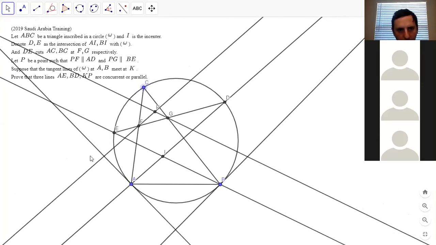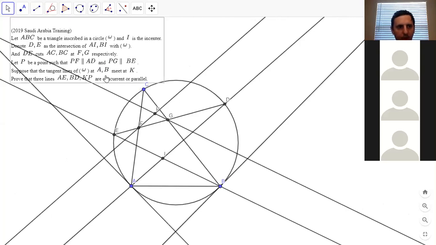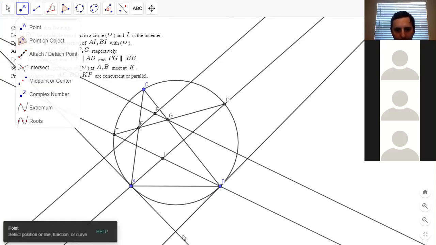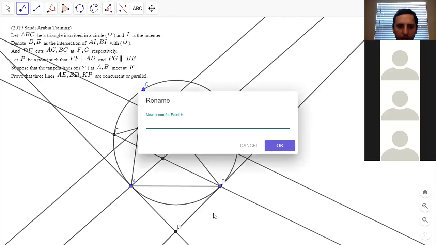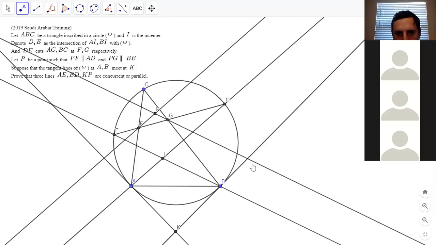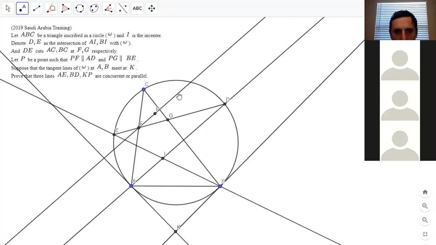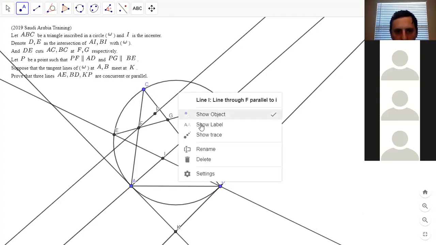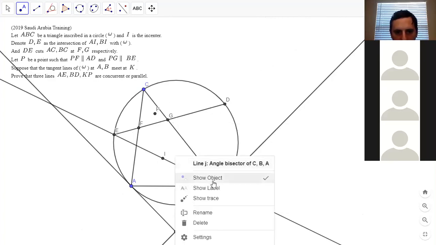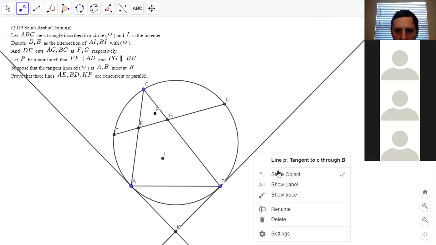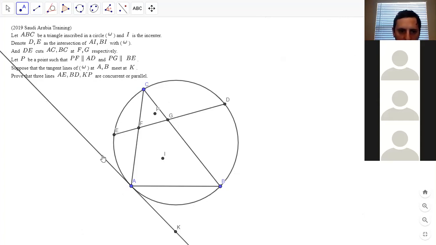Maybe I'll move it down a tiny bit to make it look nicer. So here we have a point K, and PF and PG.